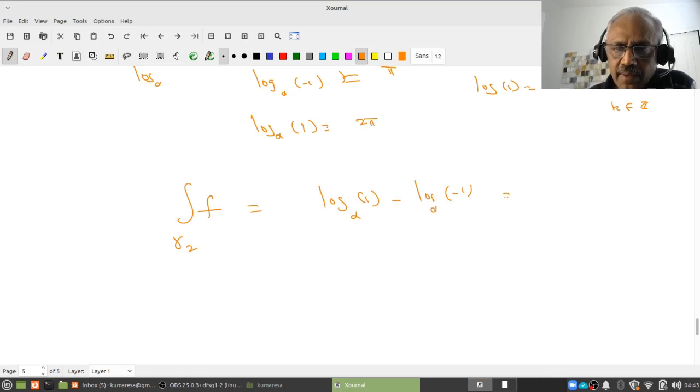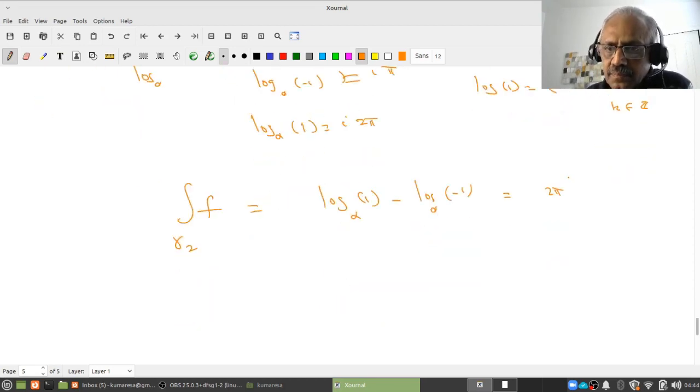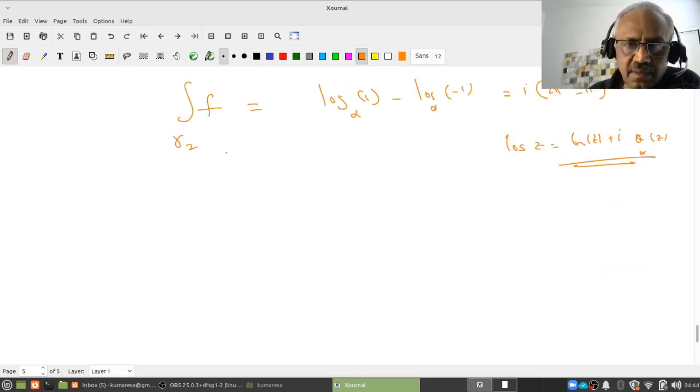That is 2 pi, sorry, I forgot the I. Remember, logarithm of z is ln of mod z plus I times theta alpha of z. So it is I times 2 pi minus I times pi. What do I get? This is again pi I.